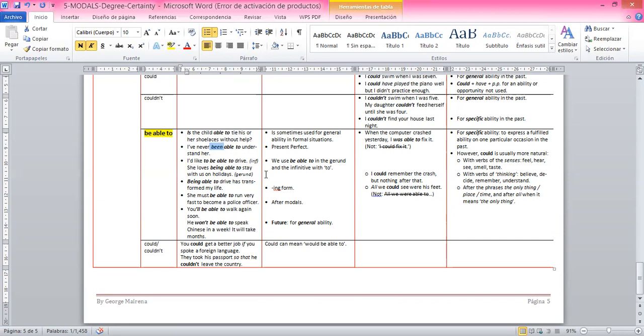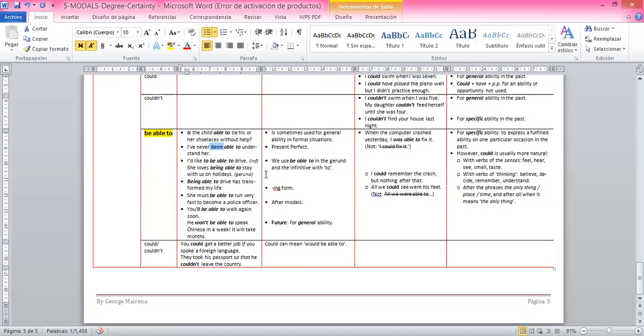We use the ing form with the verb be because of the verb loves. Do you remember in the previous session that we were discussing infinitives and gerunds, right? There are some verbs that are followed by gerunds and some that are followed by infinitives, but the meaning is the same, okay?